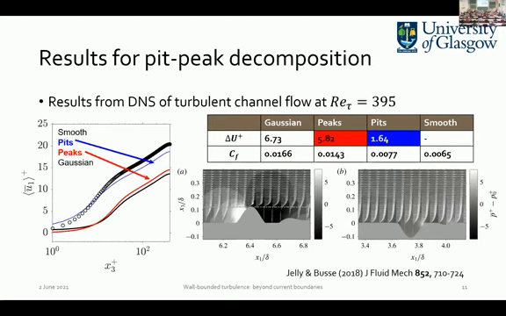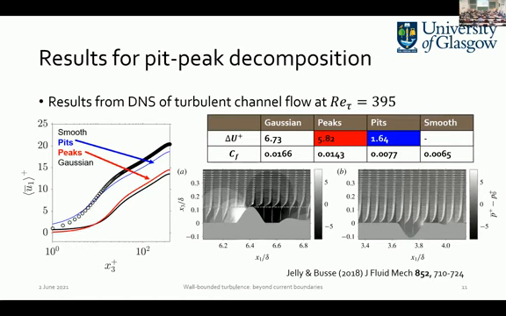Here we see results from direct numerical simulation of turbulent channel flow at Re tau 395, and you immediately see that the pit surface, the blue line here, gives a much weaker roughness effect than the peak surface. You also see this in the delta U plus measure.